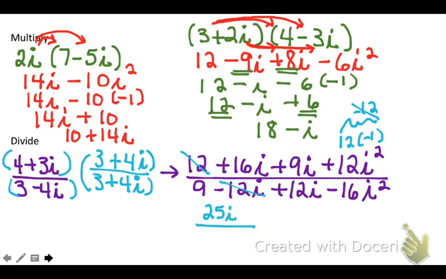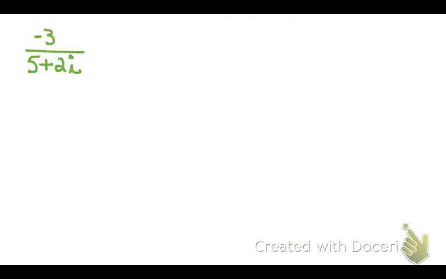The negative 12i and the positive 12i cancel. Negative 16i squared times negative 1, so that's actually equal to positive 16. So 9 and 16 is 25, and then we can cancel out the 25, so my final answer is just plain old i.